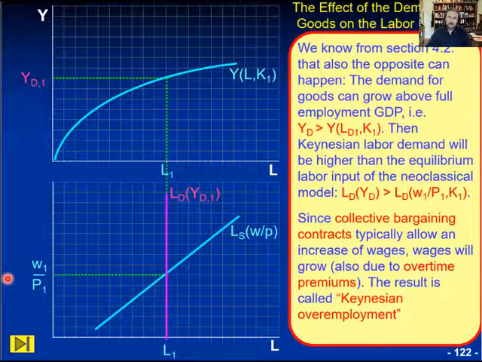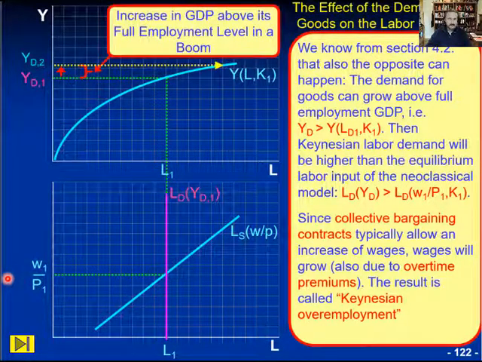We know from section 4.2 that also the opposite can happen. The demand for goods can grow above full employment GDP. In this case, Keynesian labor demand will be higher than the equilibrium labor input of the neoclassical model.